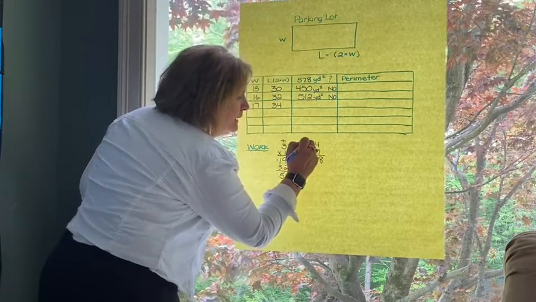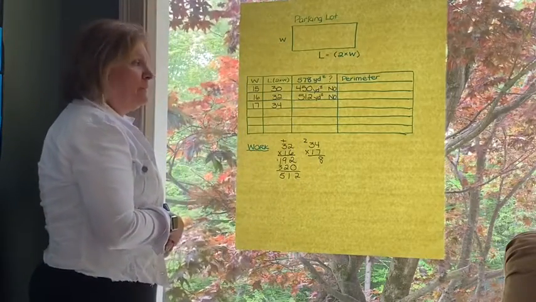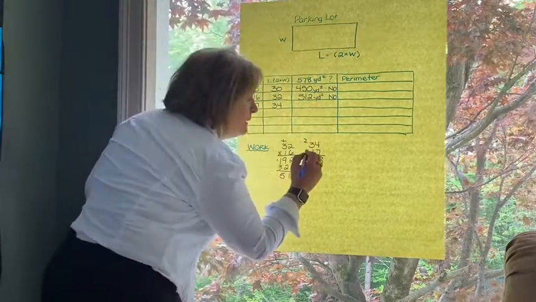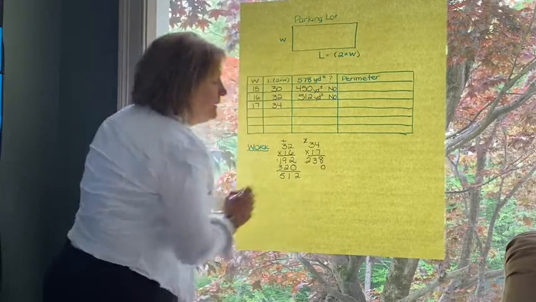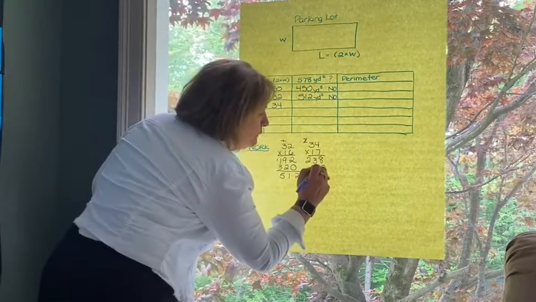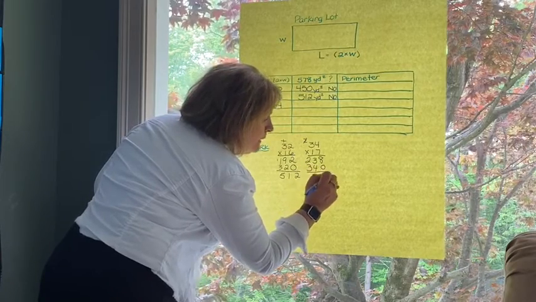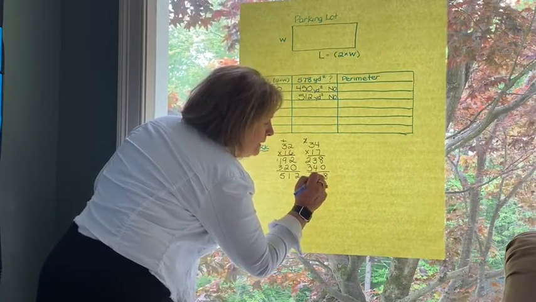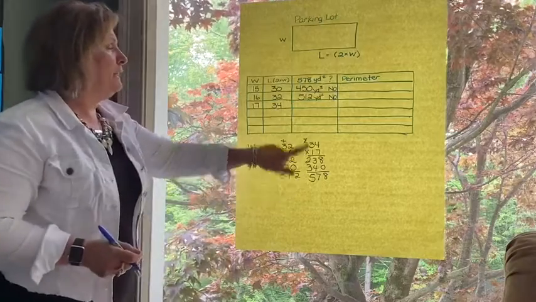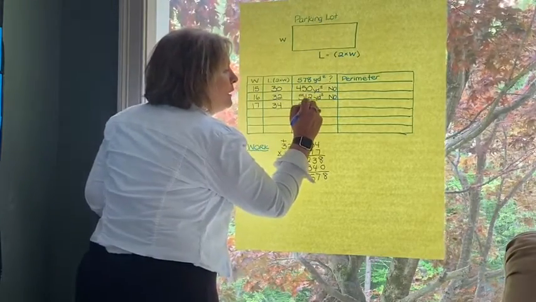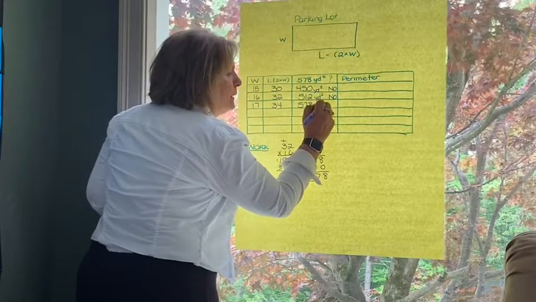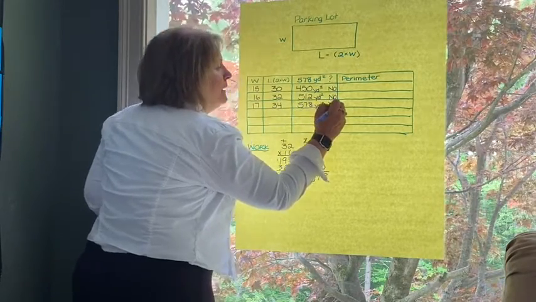We put down the 8, carry the 2. 7 times 3 is 21, plus 2 is 23. We put down our place value 0. 1 times 4 is 4. 1 times 3 is 3. And we add these together, and we do get our 578 square yards, which we knew was our area to begin with. So this is a yes.